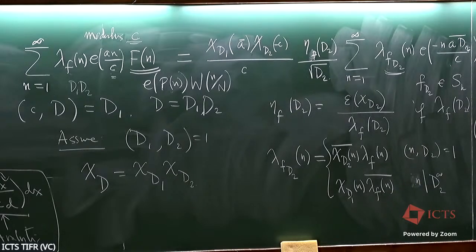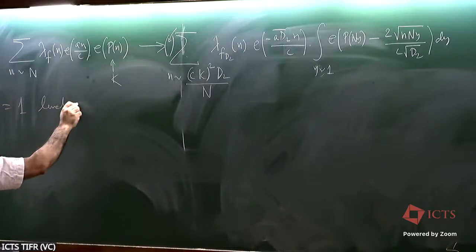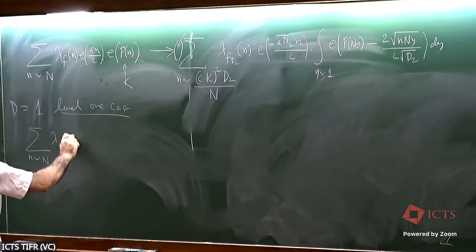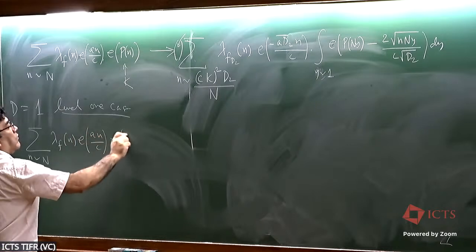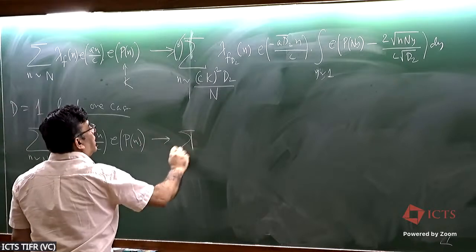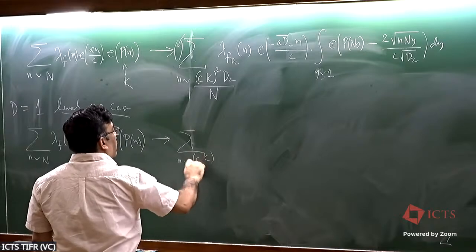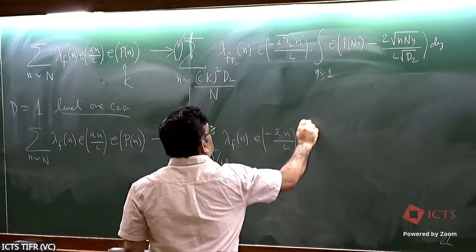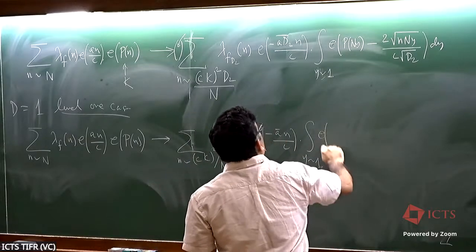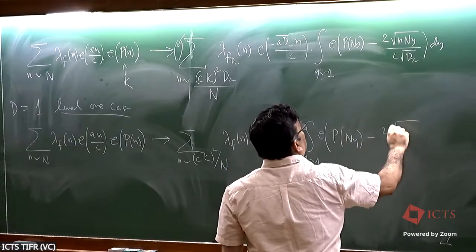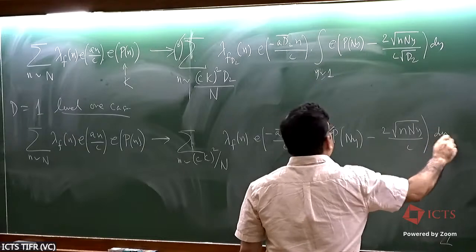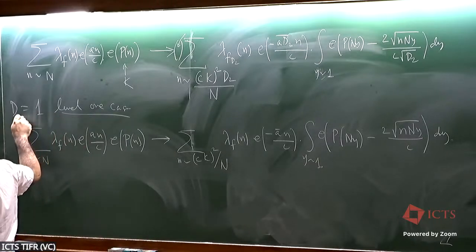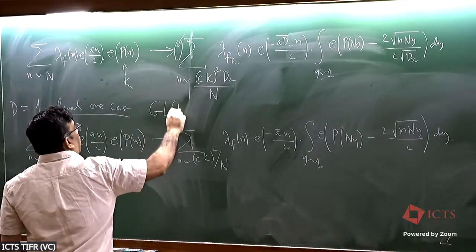So if you're looking at d equals 1, this is a level 1 case, then the formula is just the sum over n of size ck square by n, lambda fn, e of minus a bar n by c, times a smooth integral, an exponential integral, e n y minus 2 n n y by c. That's GL2.